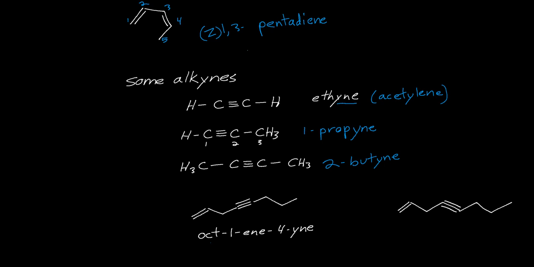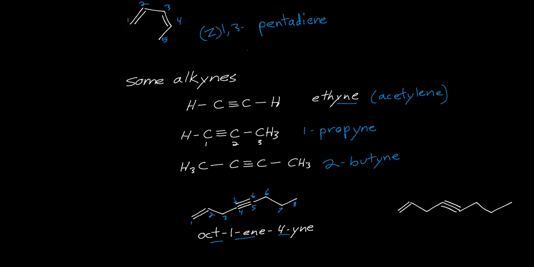This molecule I've already drawn here, oct-1-ene-4-yne. Sometimes the naming gets a little silly. 8 carbons, 1, 2, 3, 4, 5, 6, 7, 8. So it's an octyne, but it's got an ene in it.